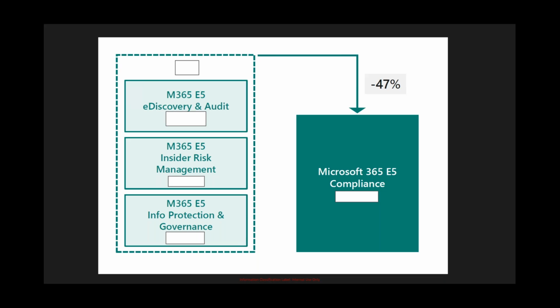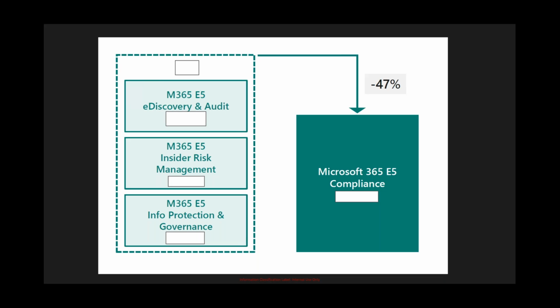Now that full compliance suite, you're going to start seeing that at around £6. So you only need a couple of those smaller suites to justify the larger suite. If you look at each one individually, the compliance suite saves you around 45 to 47% by going for that full suite.